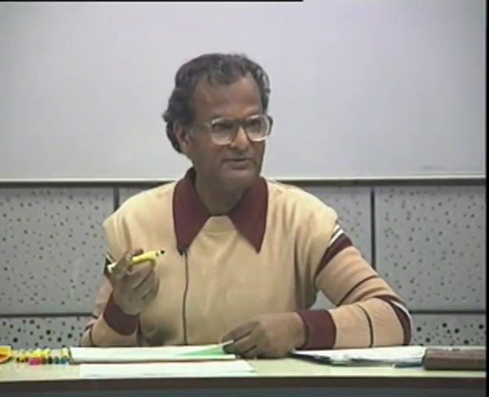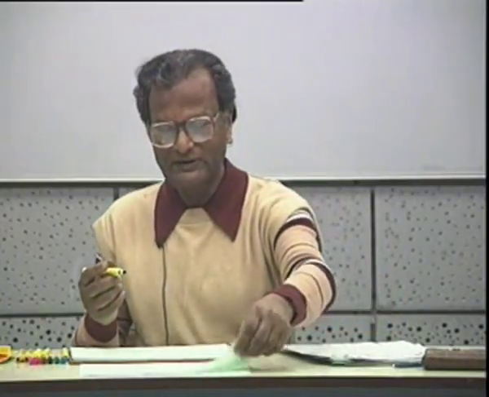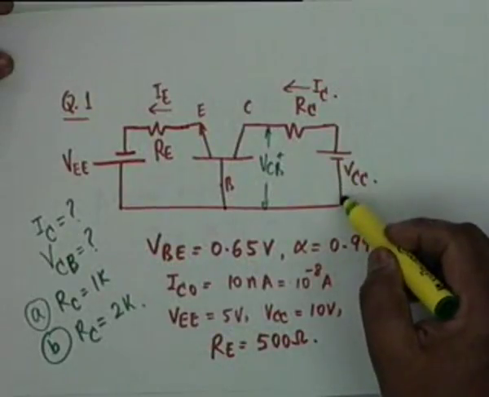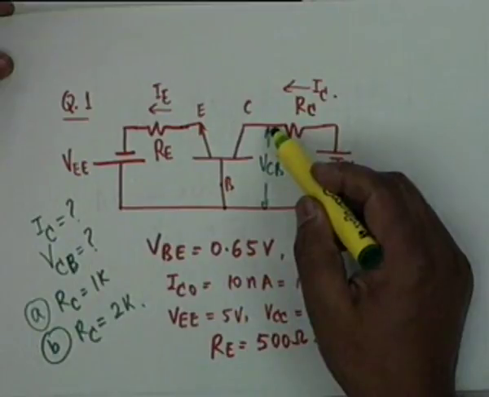The other thing to be found out is VCB, and as you see VCB is nothing but VCC minus IC RC.